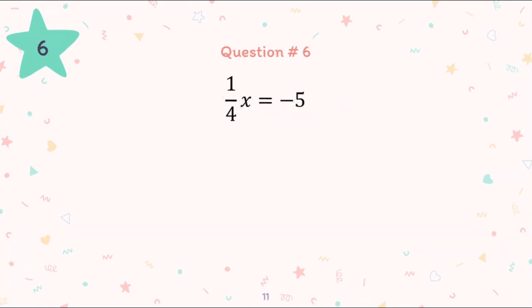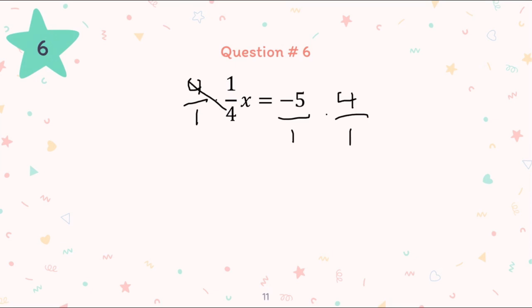For this one, we are going to do the same thing we did on the other one. We're going to flip the fraction and do 4 over 1, and we're going to multiply it, and then we're going to make this one easier, so negative 5 over 1, and then 4 over 1.